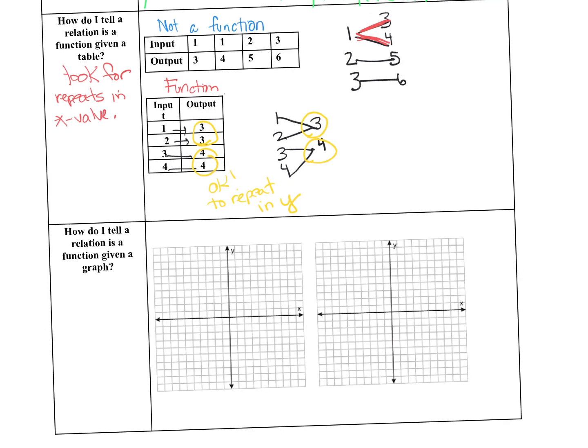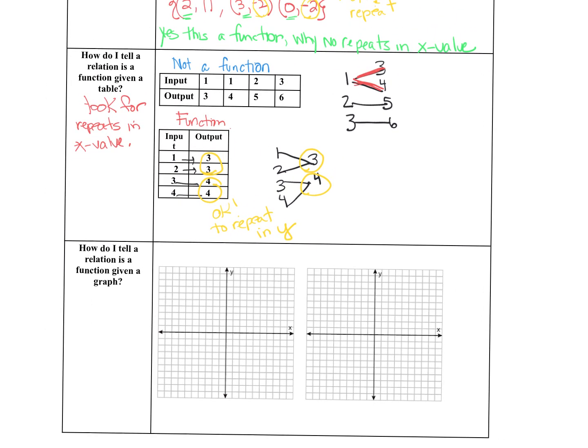Okay, let's go to see how we determine if we have a function using a graph. What I want you to do right now is plot these points on this graph and plot these points on this graph. So go ahead and pause the video while you do that.